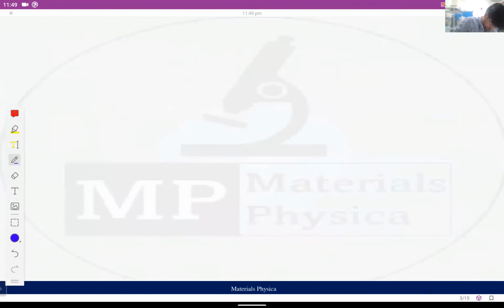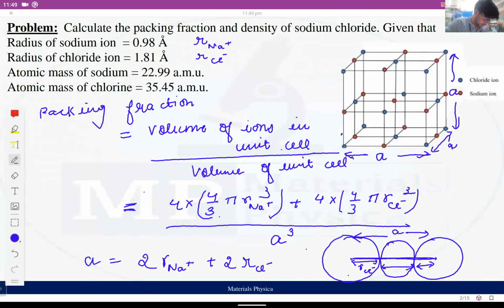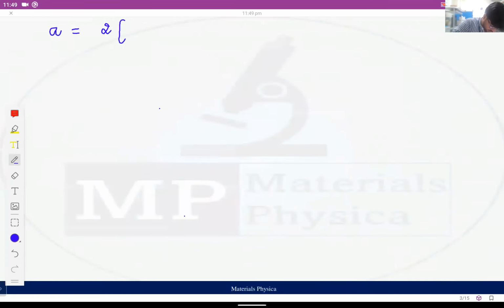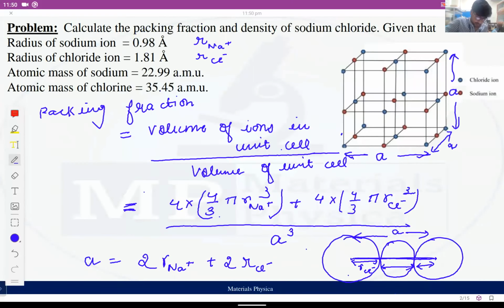So the value of a is equal to 2 into the radius of the sodium ion, 0.98, plus the radius of the chlorine ion, 1.81. When we solve it, we will get a equal to 5.58 angstrom. So now put the values of R_Na, R_Cl and the value of a in this formula.